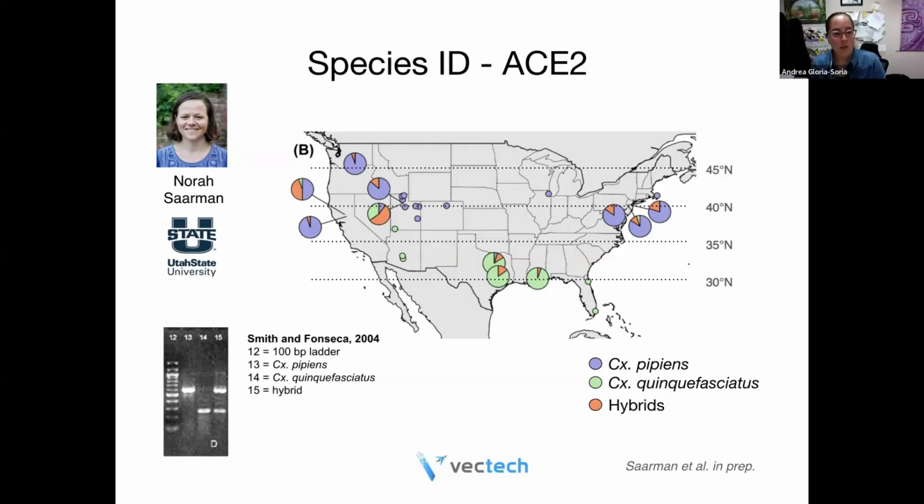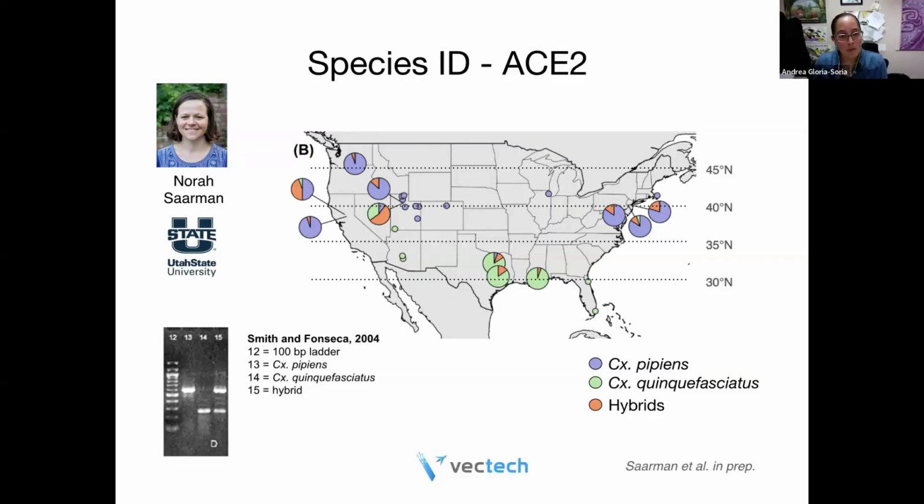The other interesting pattern that they found was that the hybrid index, which is the percentage of hybrids in the population in these locations, increased faster, or the slope of the increase was faster, in the east as well as in the central populations relative to the west and the mountains.